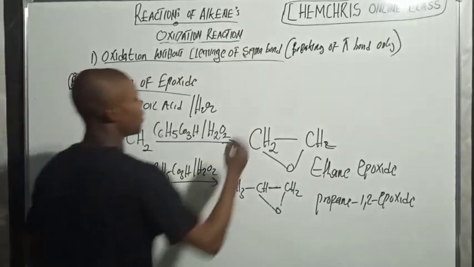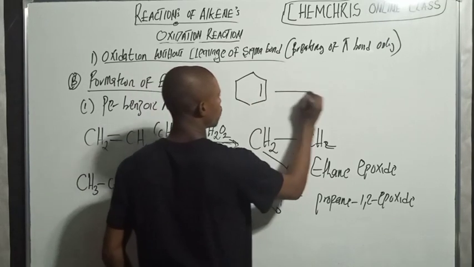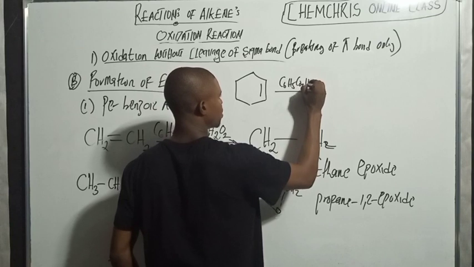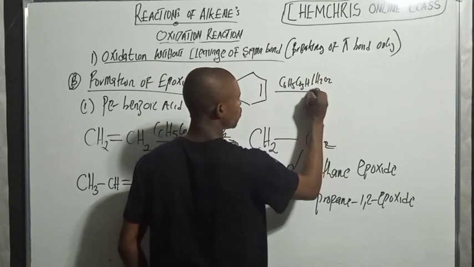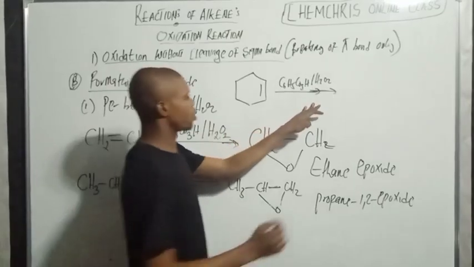If for example you have this one, C6H5CO3H, H2O2, what will be the product of the reaction? Well, it's going to be like this.